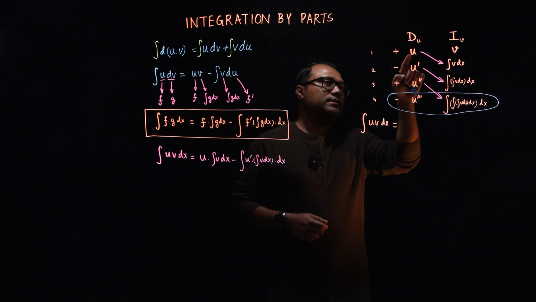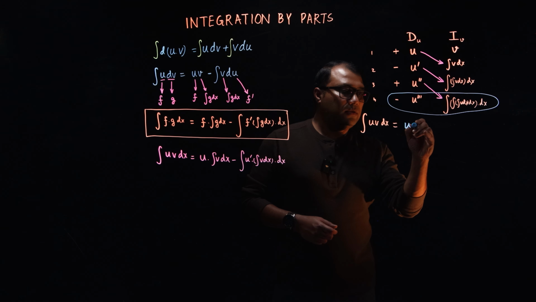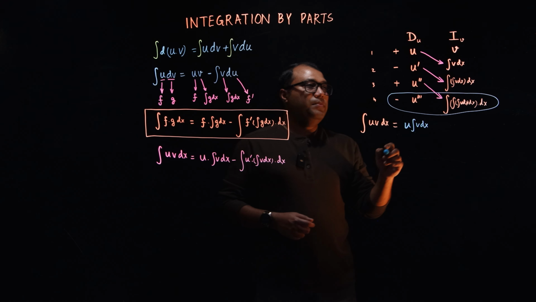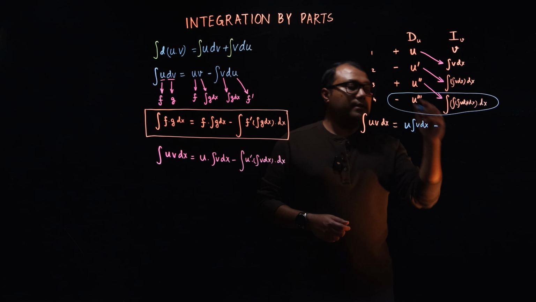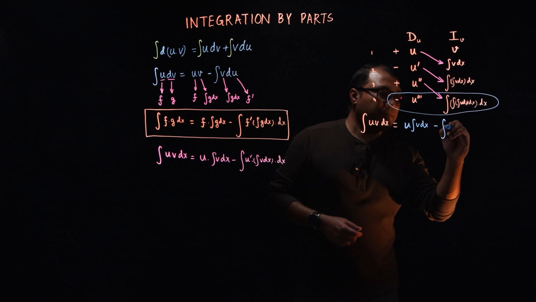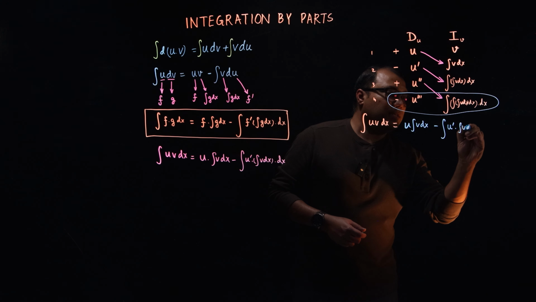We'll write this as u times integral v dx, and since we are stopping at step number 2, the last integral will be minus integral u prime times integral v dx.